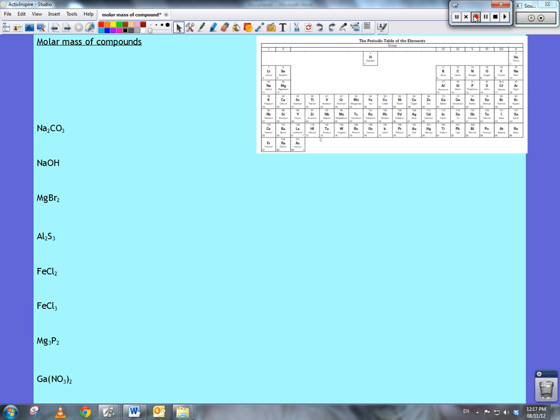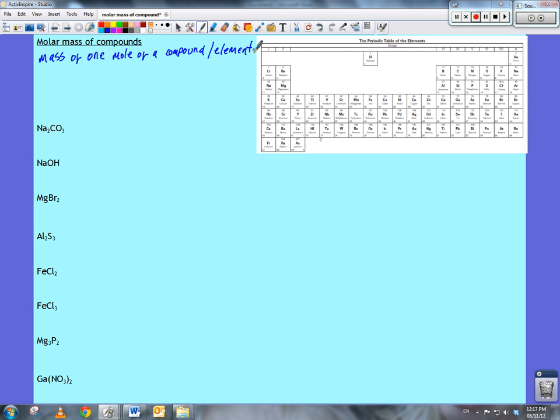The definition of molar mass is really the mass of 1 mole of a compound, or an element actually. It's got a number of different names.